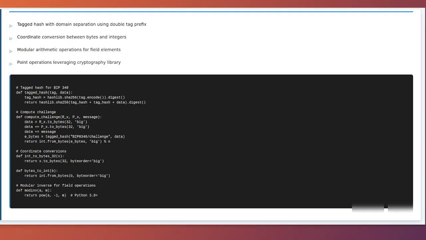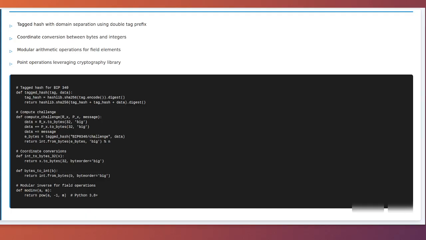We then check the parity of y and select the even solution, as required by BIP 340. If no valid square root exists, meaning x doesn't correspond to a point on the curve, we raise an exception or return none to indicate failure.